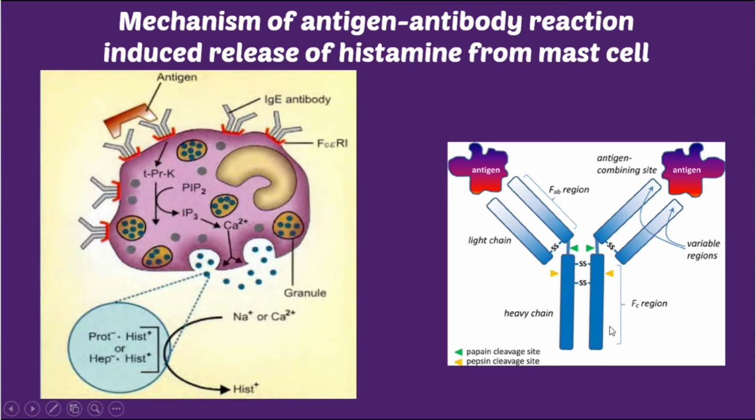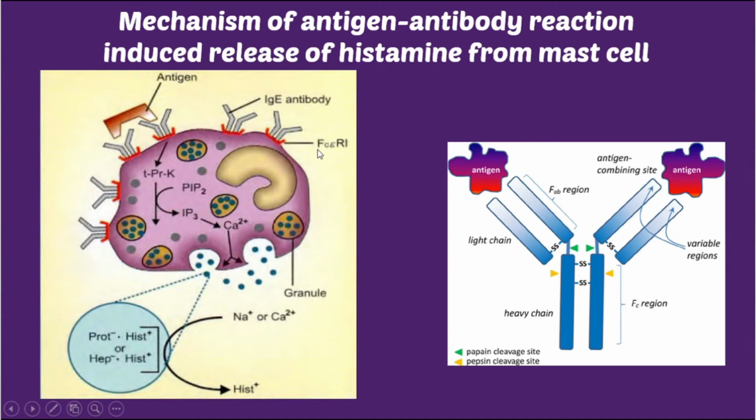This is the first region, known as the Fc region, or fragment crystallizable region. The second is the antigen antibody binding site. On both sides there is an antigen antibody binding site. This is the antibody and the antigen will bind here. That's why it is called the antigen antibody binding site, or antigen combining site. Both are ultimately the same.